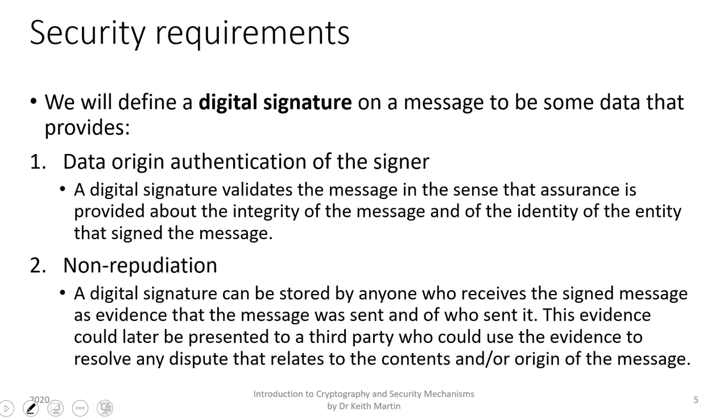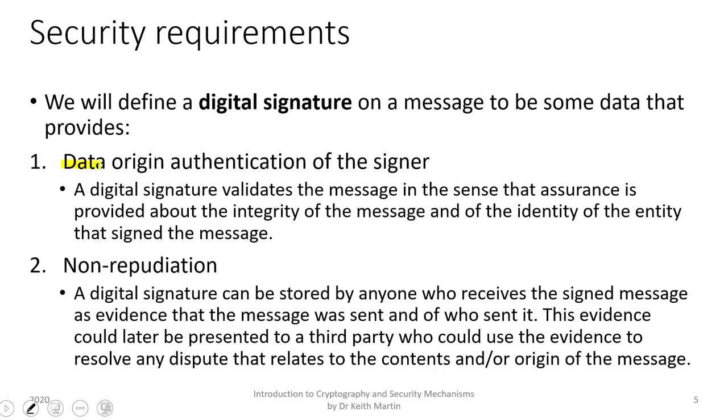So when we think about some security requirements that we would have for a digital signature mechanism or digital signature infrastructure, we can identify a couple of key requirements. One is the data origin authentication of the signer.